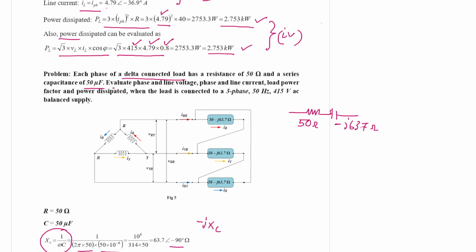Now let us see what has to be evaluated. It is the same 3-phase 50 Hz 400 volt AC balanced supply. Evaluate the same things: number 1, phase and line voltage, number 2, phase and line current, then load power factor and power dissipated, the same 4 parameters.